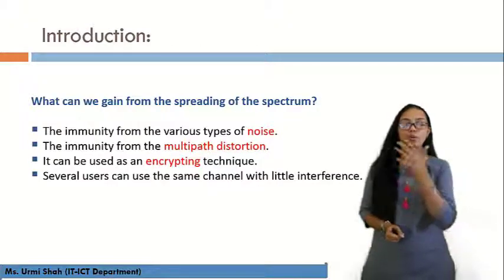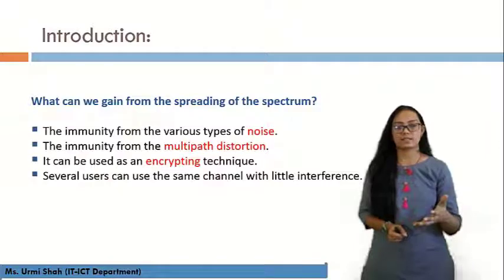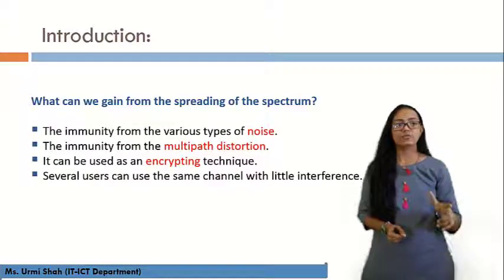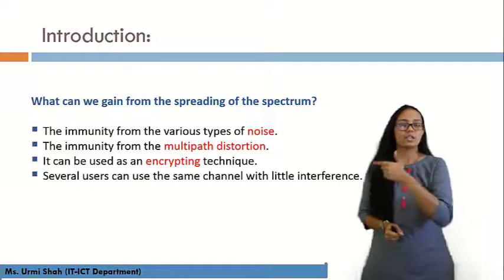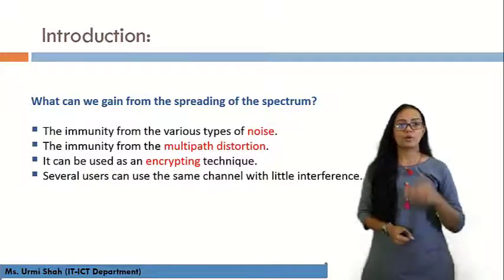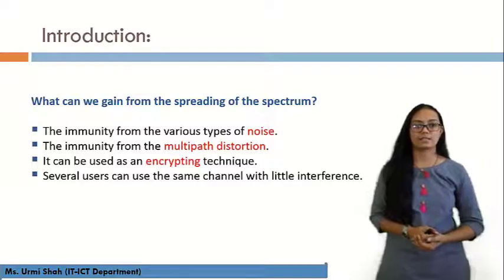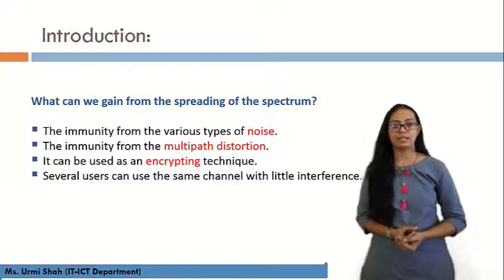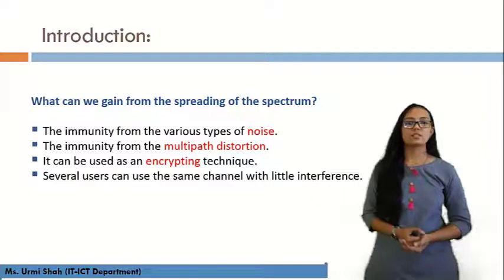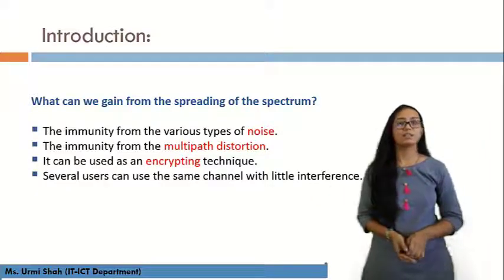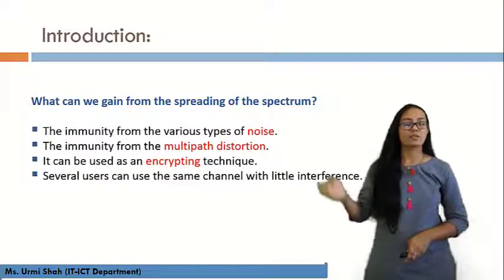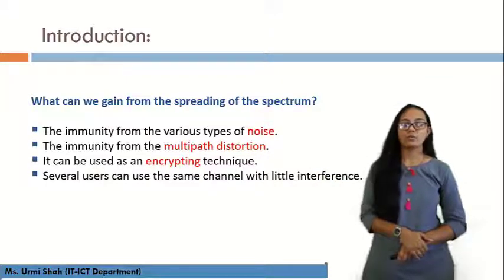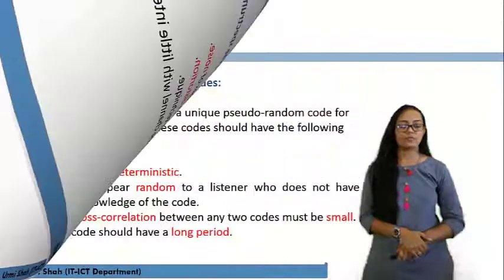If you want a successful error-free transmission, then you need to focus on such techniques which remove the different types of noises. Thirdly, it can be used as an encrypting technique. Several users can use the same channel with little interference. So these are the advantages we can have if we use the spreading of spectrum.